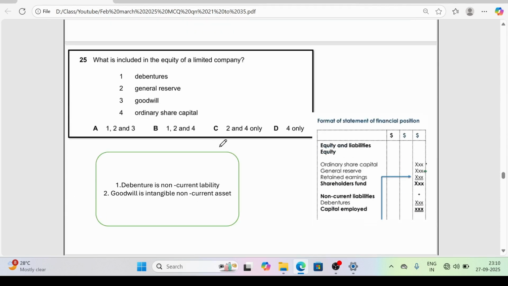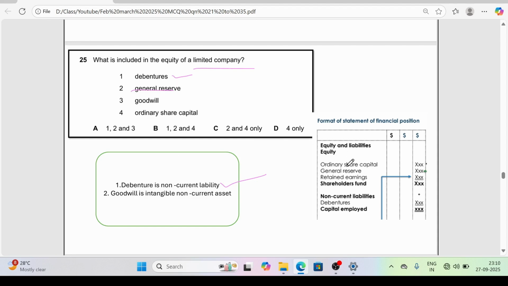So let's move to question number 25. What is included in the equity of a limited company? The limited company format you have to practice. Let's see. Debentures. Debenture is a non-current liability. General reserve, yes, we have to take general reserve.